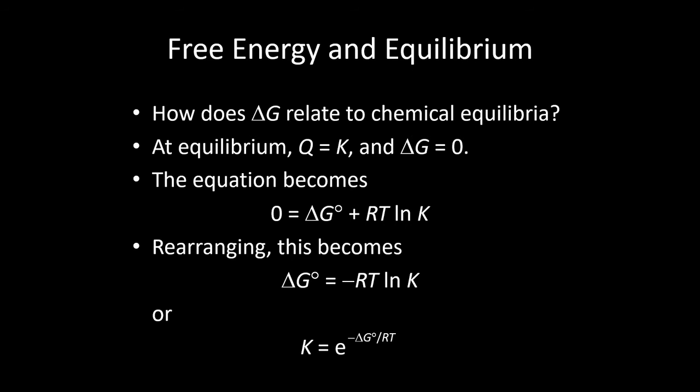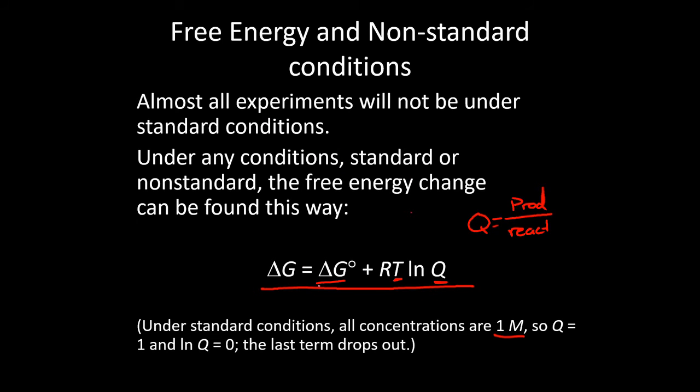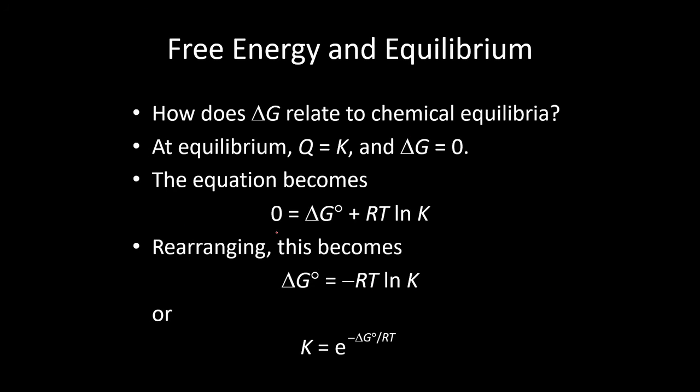So if we take both of those identities, and we plug them into this equation from the previous slide here, K is going to insert in here for Q, because again we're defining that we are at equilibrium, and delta G is going to be 0. And so that's what we've done here.